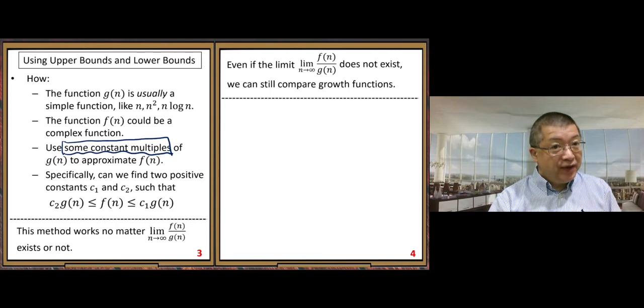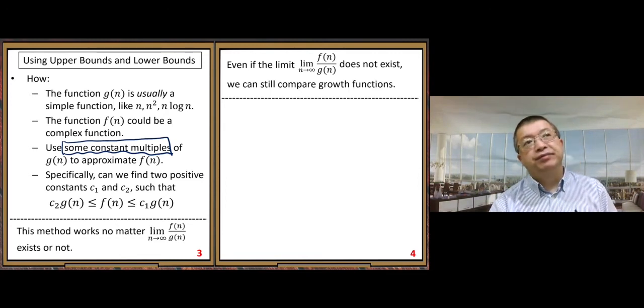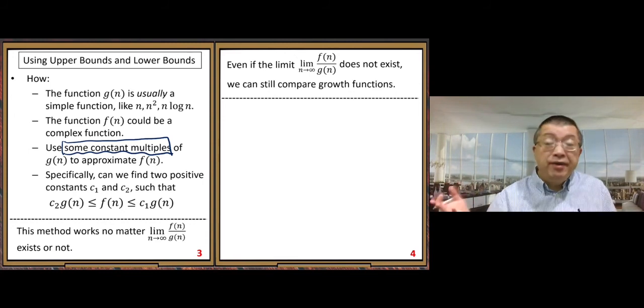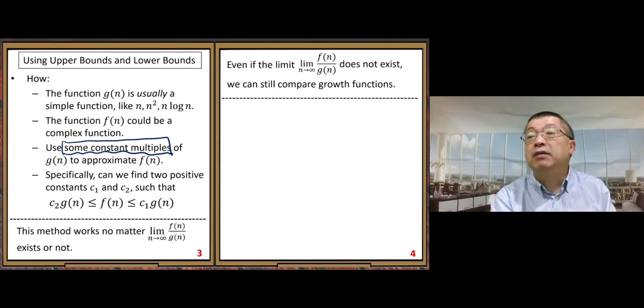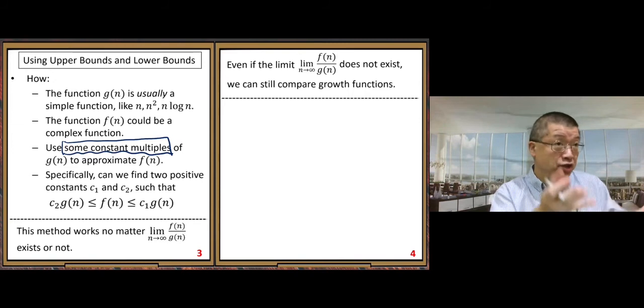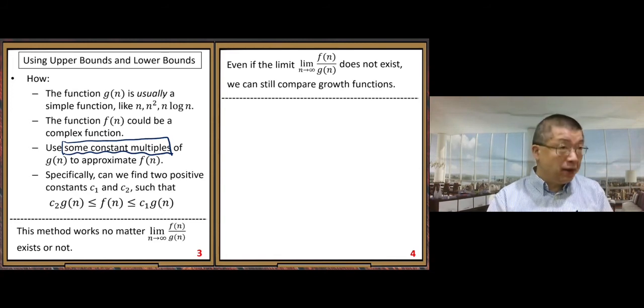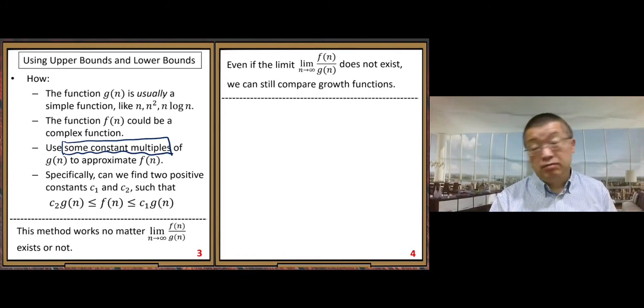This method works no matter whether the limit exists or not. That means if the limit does not exist, we can use this method, because we never need to touch the limit. But even if the limit works, we can still use this method if you like it, if it is simpler.